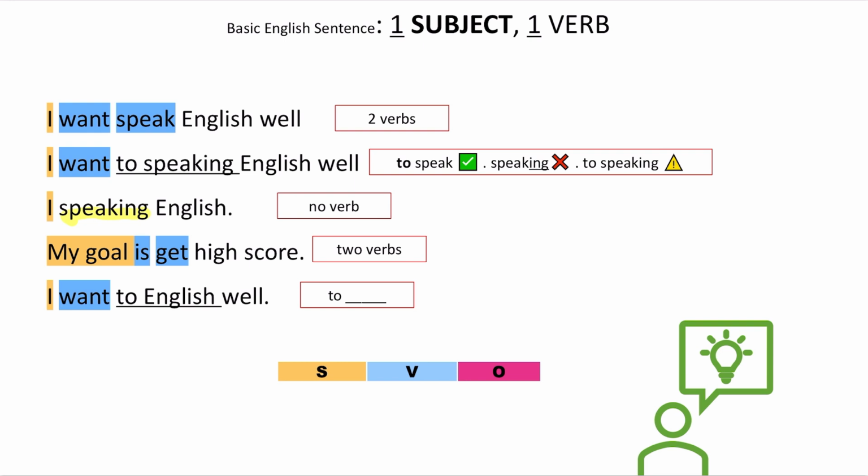Ing is not a verb. My goal is get. My score is and get, two verbs. I want to English well. To, we need to have, want to speak English well, to do English well.